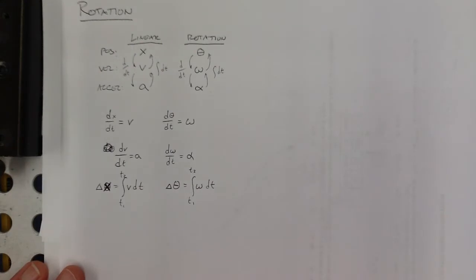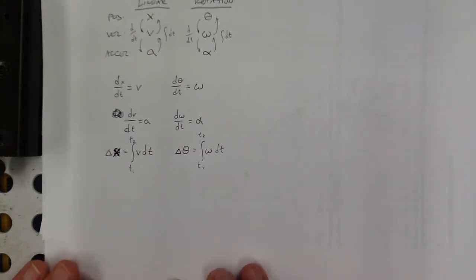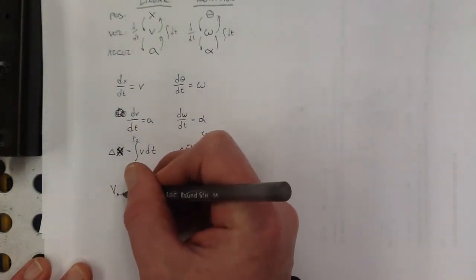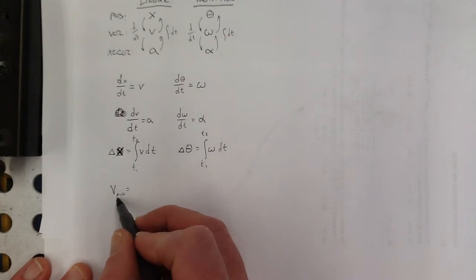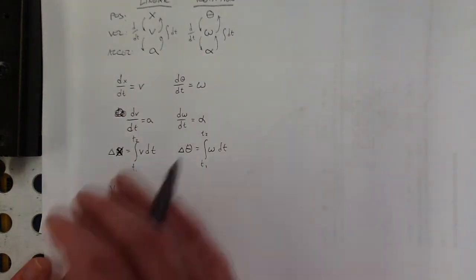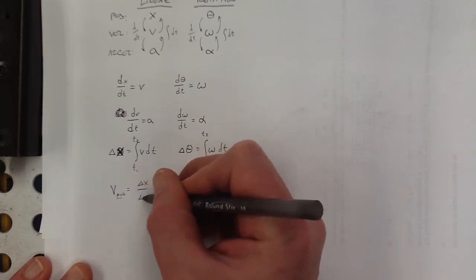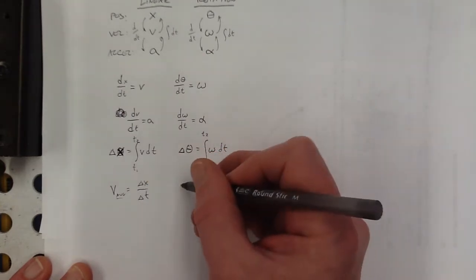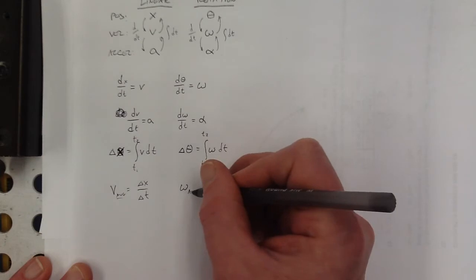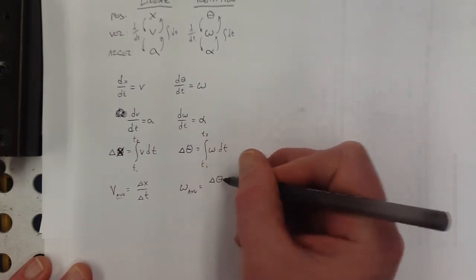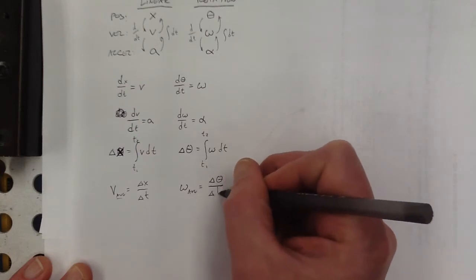All right, and let's see what else. Sometimes we need to find averages. If you wanted to find average velocity, well, average should put you in mind of an actual slope, not calculus. So that's just delta x over delta t. And likewise, if you wanted your average angular velocity, you would just do delta theta over delta t.